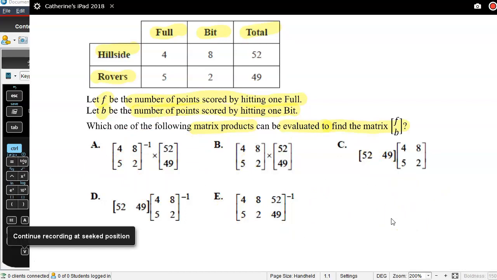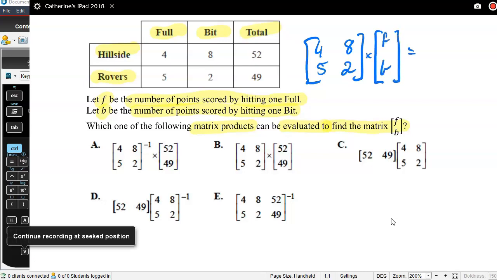Okay, well, first off, let's set this up. It'll look something like 4, 8, 5, 2 times by FB equals 5, 2, 4, 9.